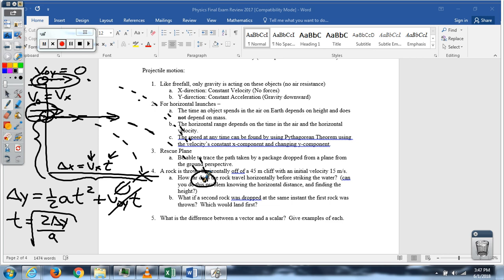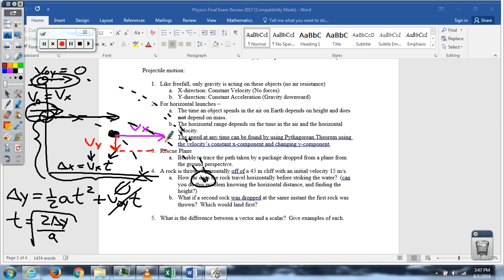Now, if you wanted to know the speed of the object at any point, the speed of these horizontally moving objects at the beginning is Vx. At any other point in time, it's a combination of Vx and Vy. Vx is whatever it was at the very beginning. Vy has been increasing since the time it started falling.